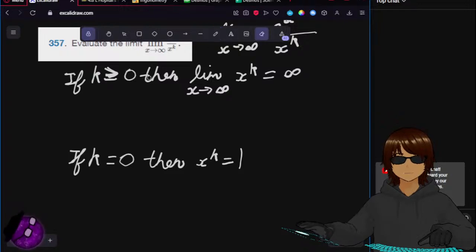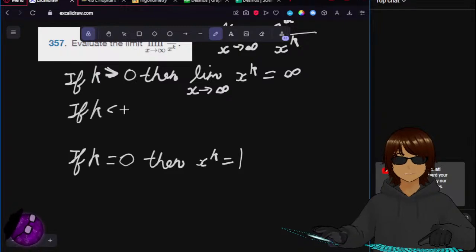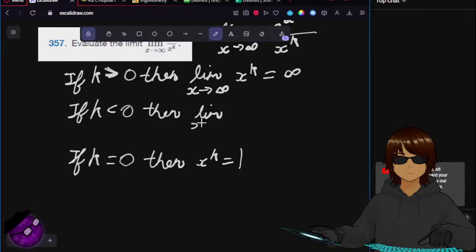It has to be if k is more than 0. If k is less than 0, then x would be at the bottom, right? Then it would be 1 over x to the power of something. If x goes to infinity, then this will be 0.